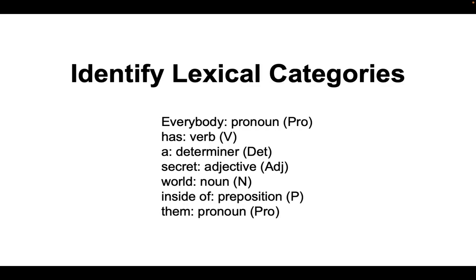So even though they are technically two words, we can treat these as a single word. So this is a preposition, which we abbreviate as the letter P. And then finally, them is another pronoun, which we abbreviate as PRO. And so we're going to need to include all of these abbreviations in the syntax tree.